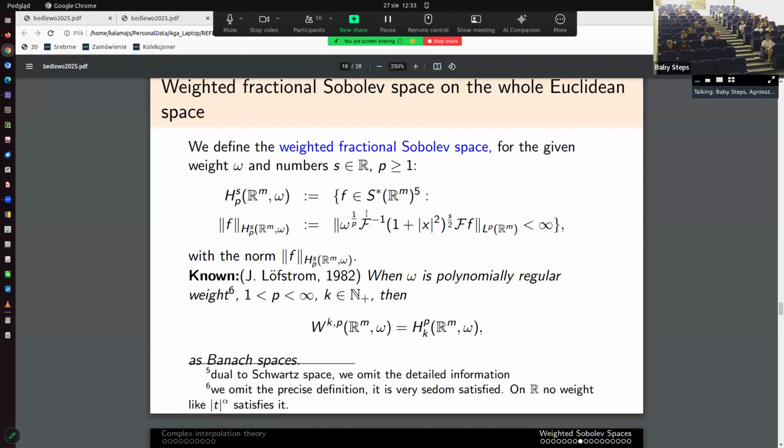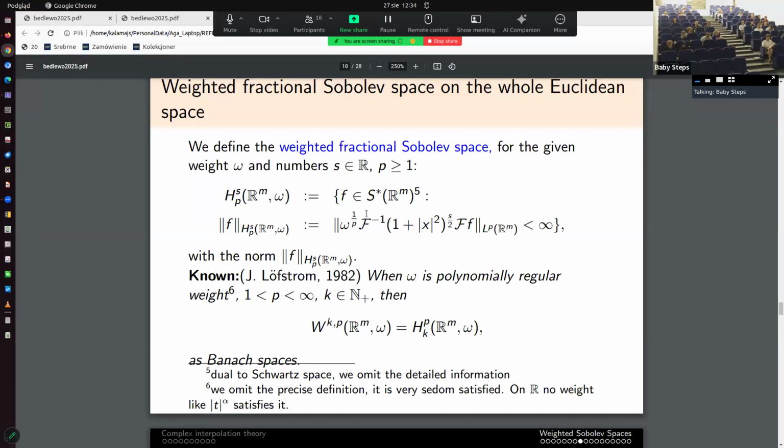I don't have a problem with tempered distributions. I have a problem whether it is possible to define this in the context of not the whole space Rn, but in the context of a general domain. There is a problem because the Fourier transform uses the whole values. It is an integral over Rn. So I cannot answer whether people do something in this direction to make a narrower domain. But these fractional Sobolev spaces are always restricted?